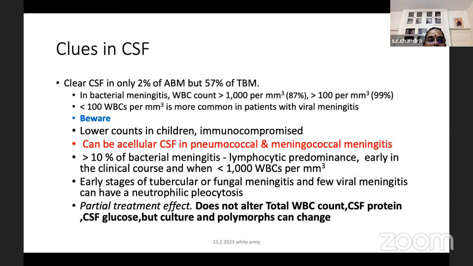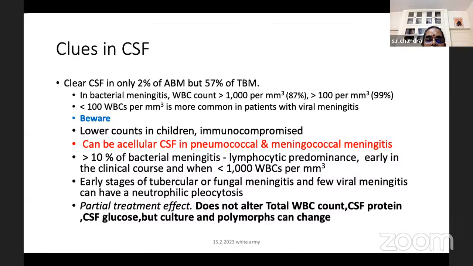But in viral meningitis, it is not that high, it is around 100. But you should be aware that all these have sensitivity and specificity, so you cannot take this as one to one. Lower counts of cells may be found in children and immunocompromised persons. And CSF can be completely acellular in pneumococcal and meningococcal meningitis.